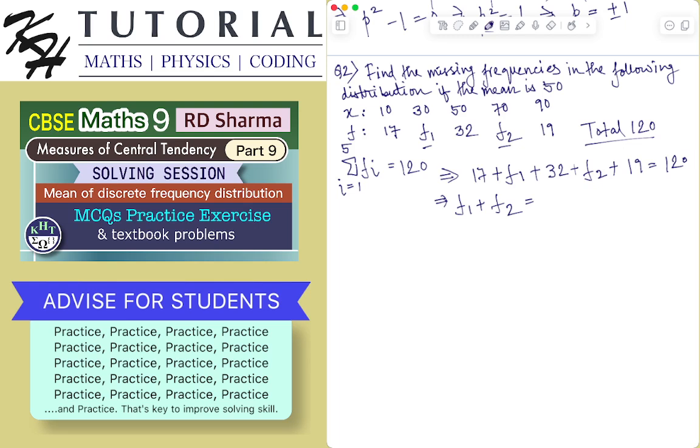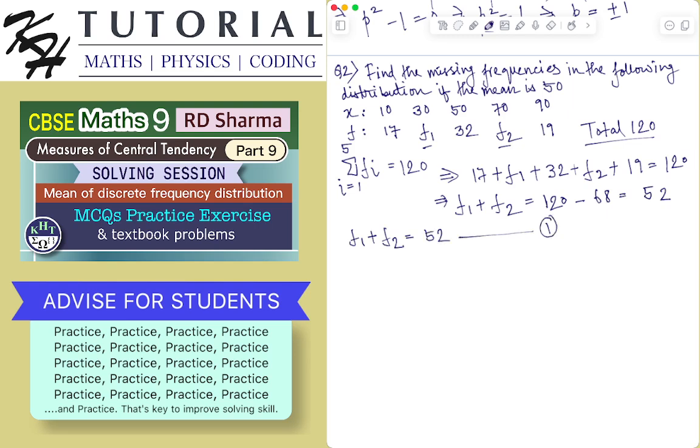Since there are two unknowns, we must have two equations in f1 and f2 to solve for them. So this is 120 minus 17 plus 32, which is 49. 49 plus 19 is 68. And this is equal to 52. So I have one equation: f1 plus f2 is equal to 52.